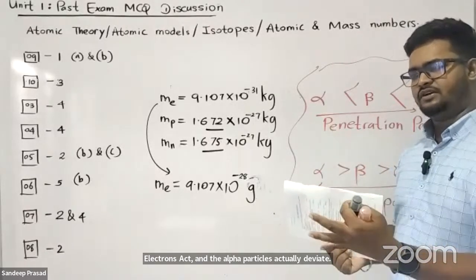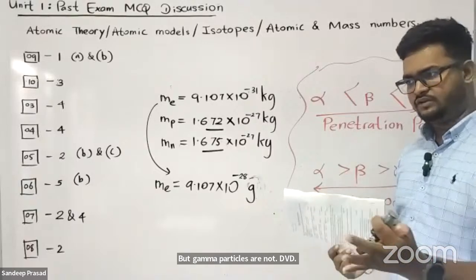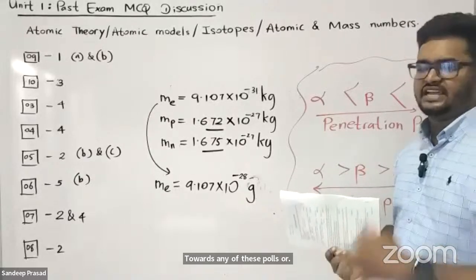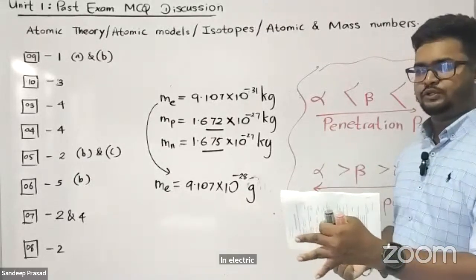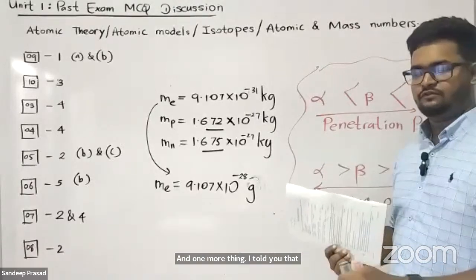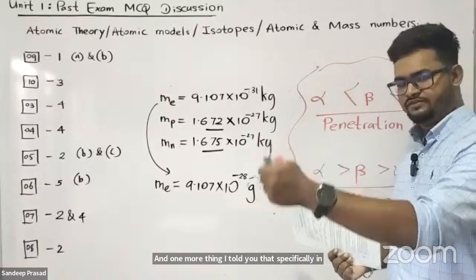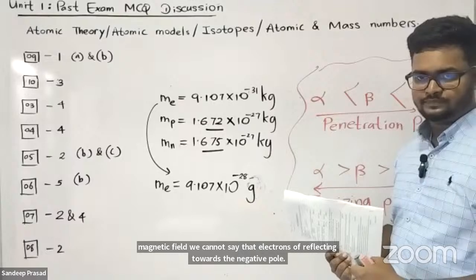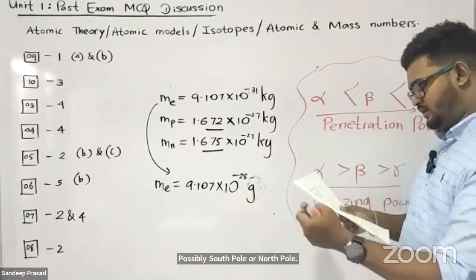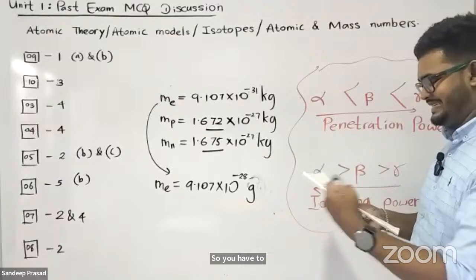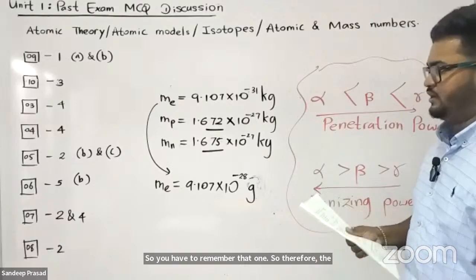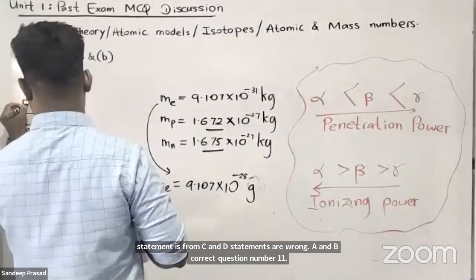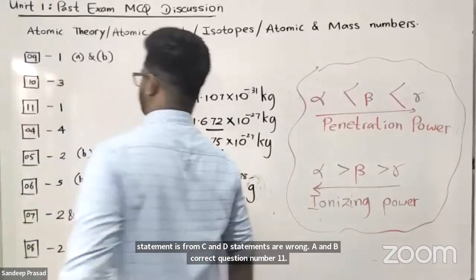The reason is that gamma particles are not deflecting towards any pole, positive or negative, because they are neutral. And one more thing I told you: specifically in a magnetic field, we cannot say that electrons deflect towards the negative pole or positive south pole or north pole, right? You have to remember that. So this statement is wrong. C and D statements are wrong, A and B are correct. Question number 11, answer is the first one.